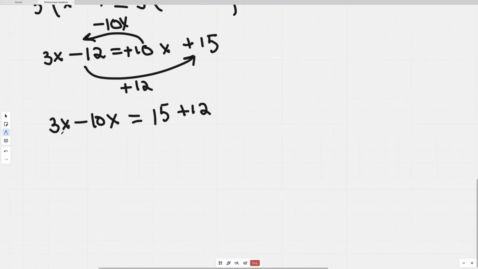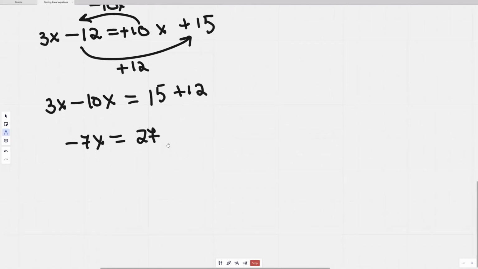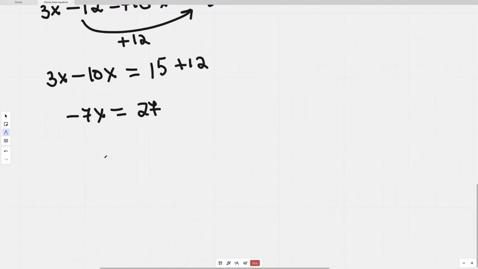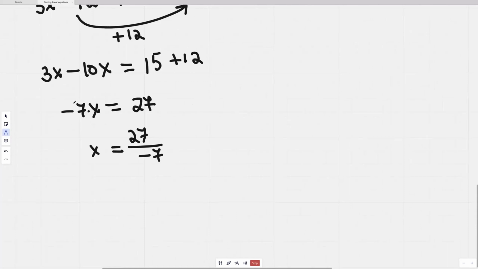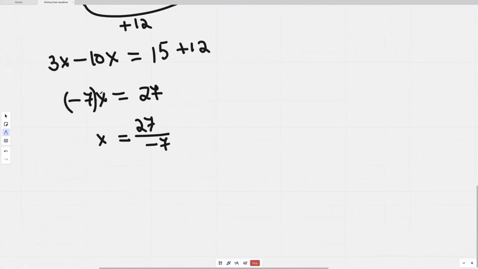Then 3x minus 10x is equal to negative 7x, and this is equal to 27. Then x, this is multiplication as we know, x is equal to 27 over minus 7, because this is multiplication, and if we move the 7 from one side to another, it will be changed to dividing, not multiplying, it's dividing.